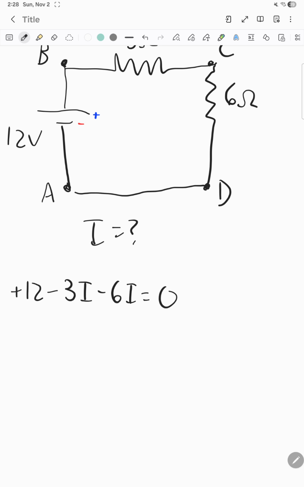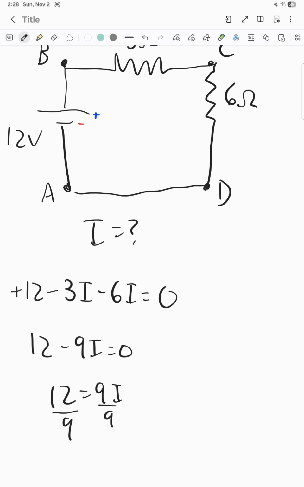So if we have minus 3 minus 6, we have minus 9I here. So 12 minus 9I is equal to 0, so 12 is equal to 9I. We divide by 9, and then you get your current.